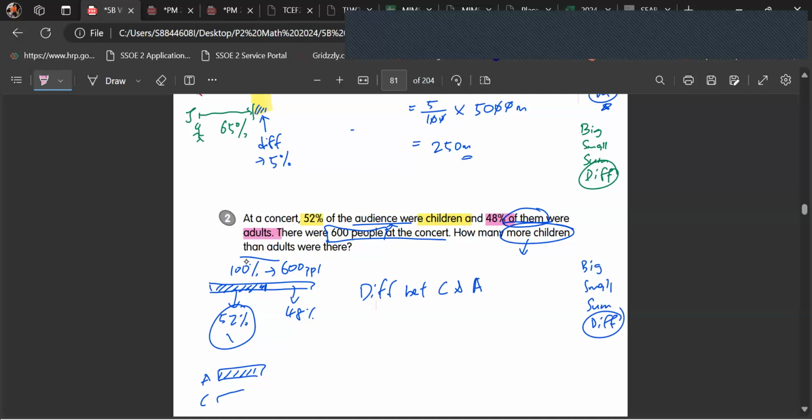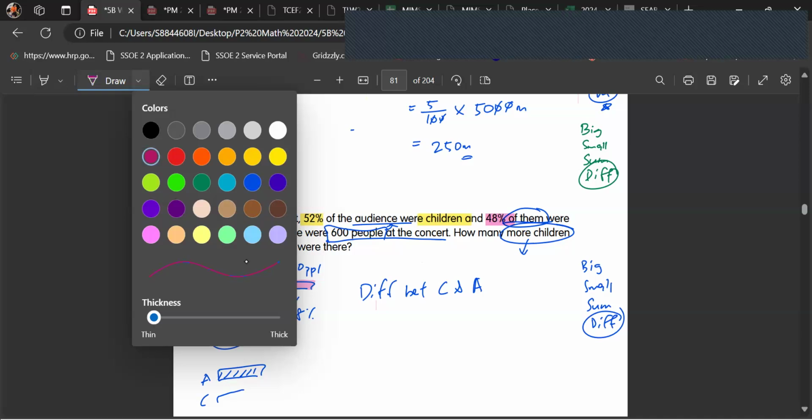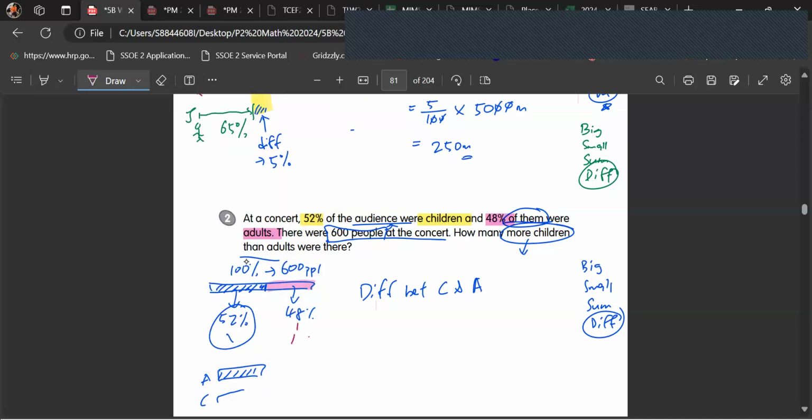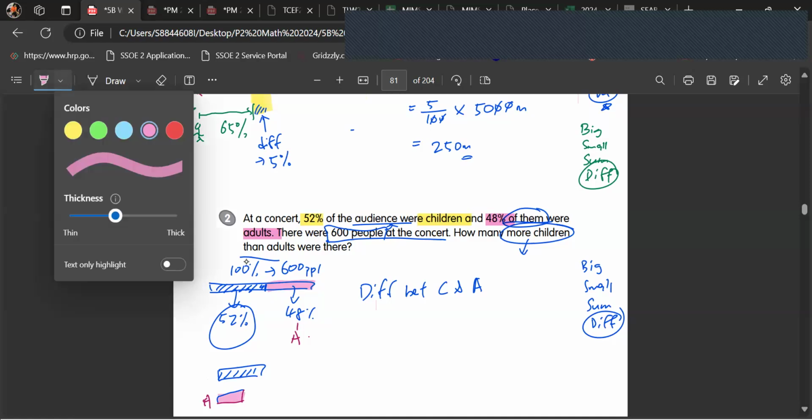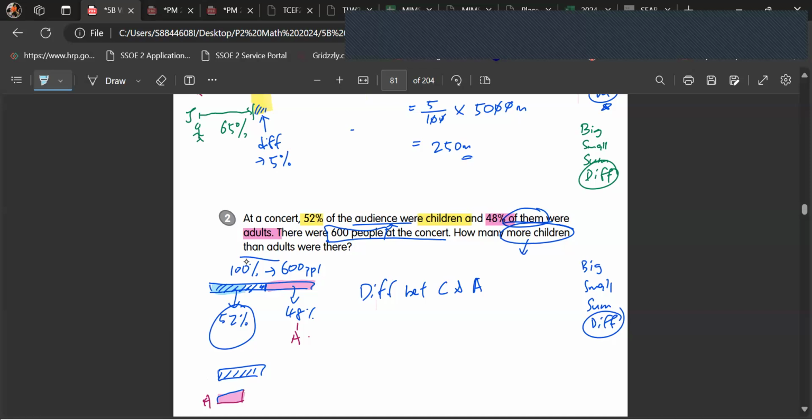My mistake. So the shorter one is adult, and the longer one is children.